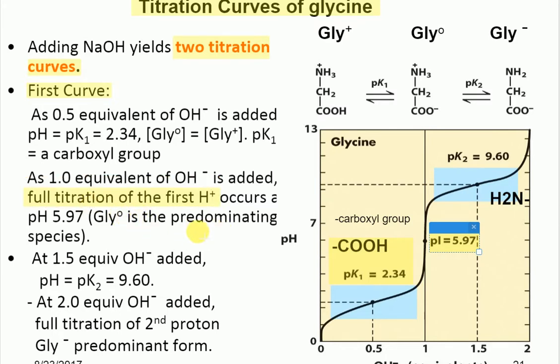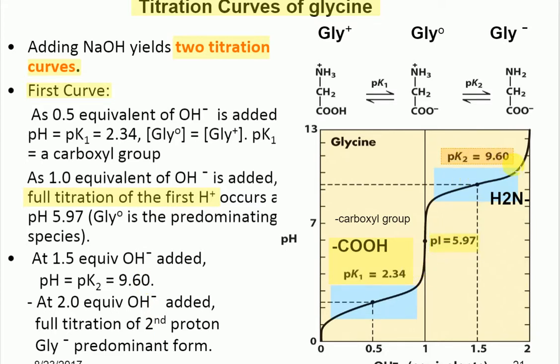From my chemistry class I learned that this circle symbol right here stands for standard, so I'm assuming this is standard glycine. Standard glycine is the predominating species. At 1.5 equivalents of OH minus, base added, the pH is equal to pK2 at 9.60.